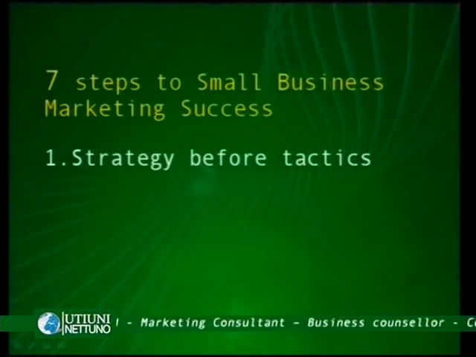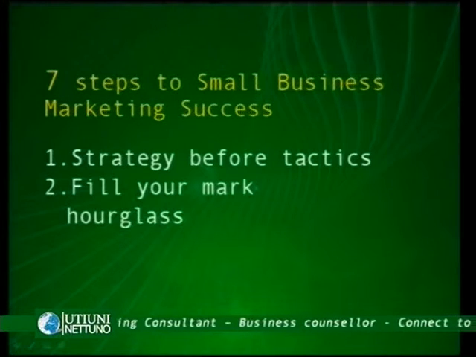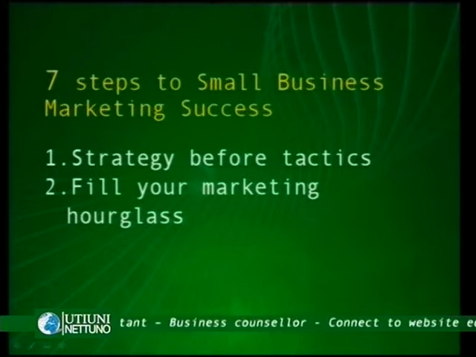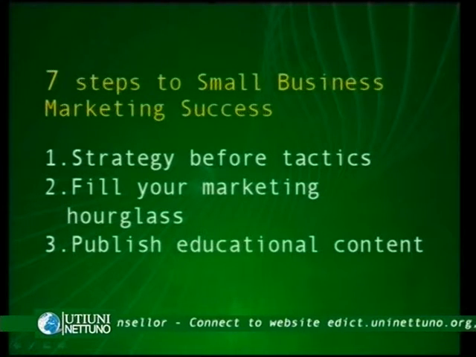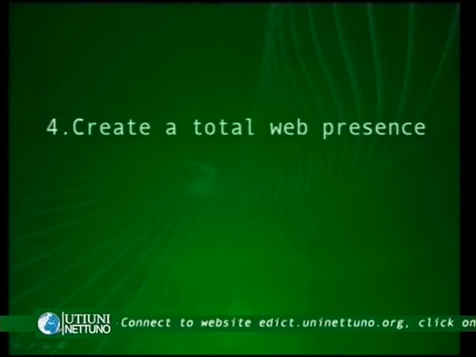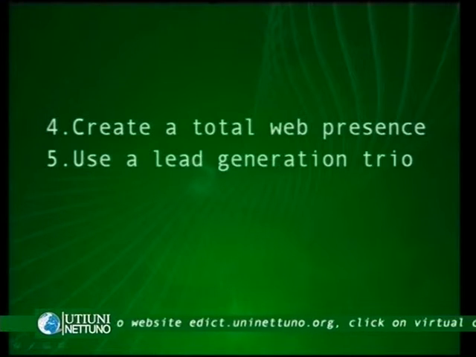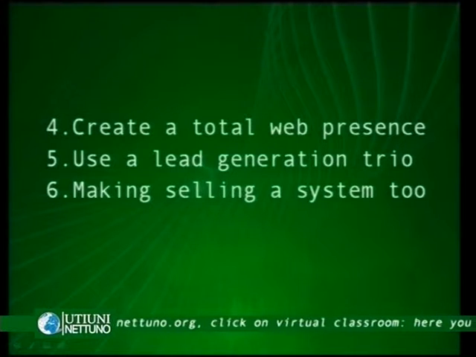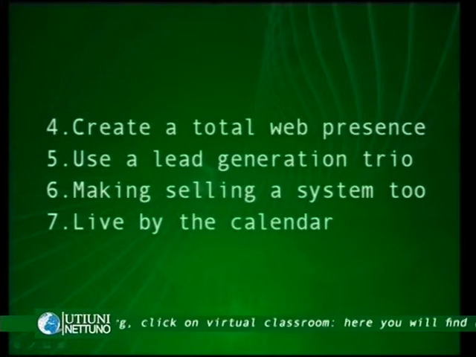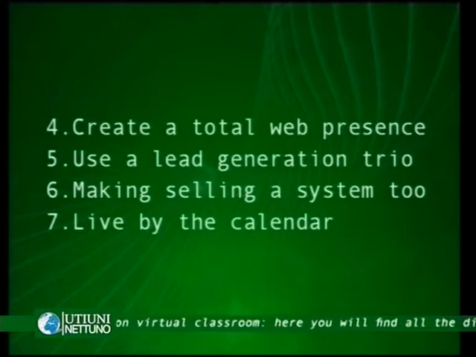The first step, strategy before tactics. Second step, fill your marketing hourglass. The third one is publish educational content. Number 4, create a total web presence. 5, use a lead generation trio. 6, making selling a system. And 7, live by the calendar.